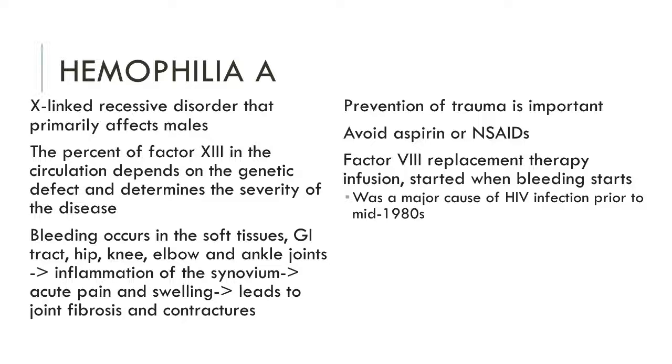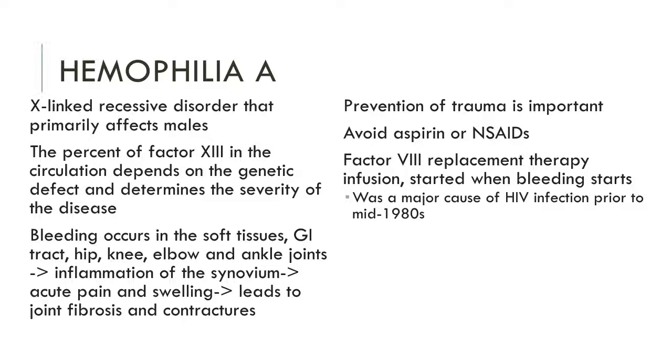It further decreases their ability to clot. Factor VIII replacement therapy, which is an IV infusion, is started when the bleeding starts. If you look back historically, it was a major cause of HIV infection prior to the 1980s when we started checking the blood supply for HIV.